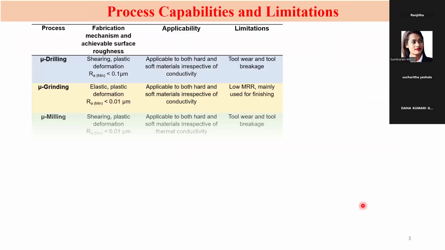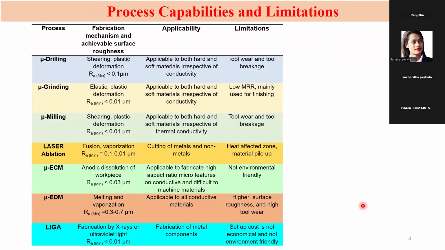When you're thinking about micro machining, many kinds of micro machining processes are there, starting from conventional and non-conventional. Conventional means where we are using some cutting tool in micron size, around 100 to 500 micron, and then some non-conventional micro manufacturing processes.